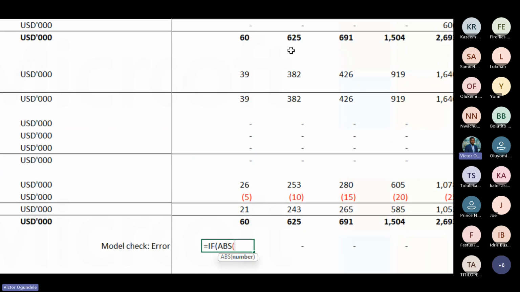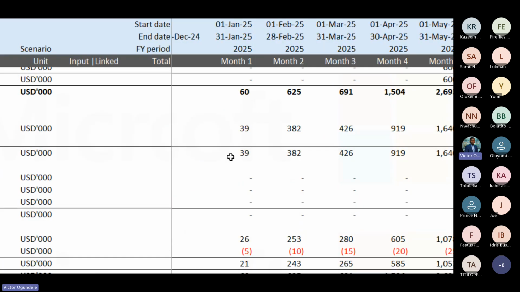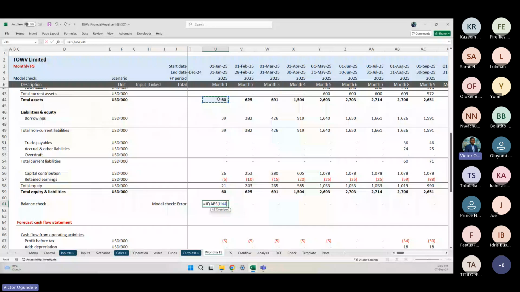ABS of what? Of my total assets minus my total equity and liabilities, close the bracket, is less than our tolerance, then it should give us 0. If not, it should give us 1.